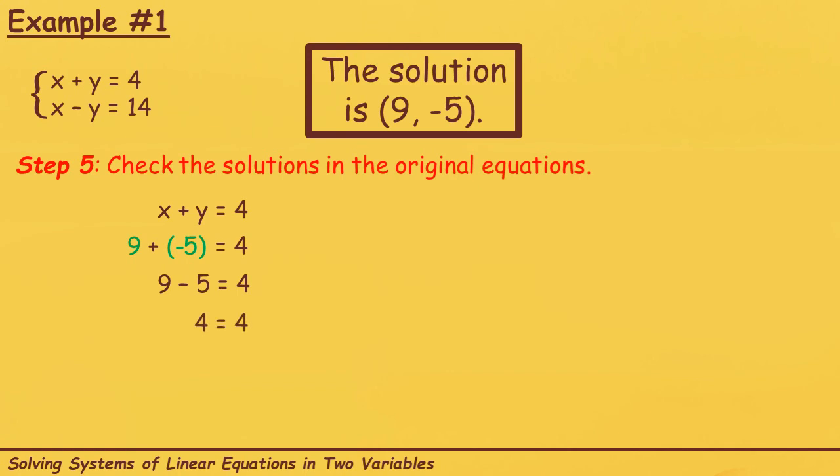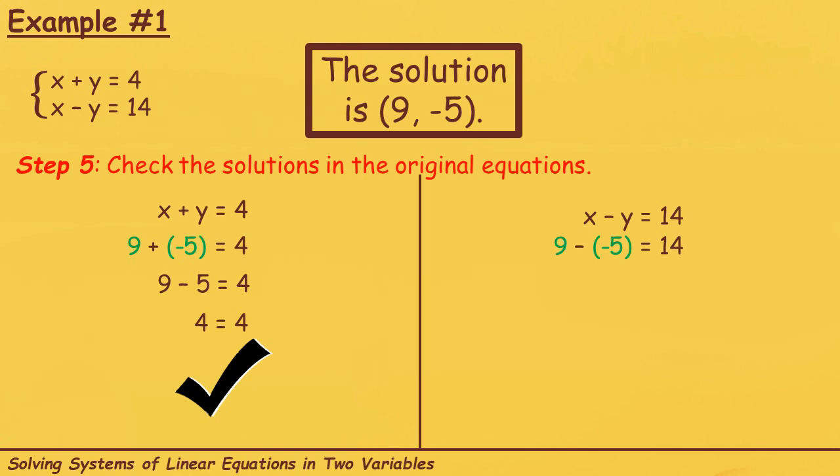Kapag sa dulo ng ating pagsasubstitute ng values ng x at y, pag sila ay nag-equal, meaning to say, the solution is correct. Pero hindi pa dyan natatapos. Kailangan maging correct din into the other equation, which is equation 2. At ang equation 2 natin is x minus y is equal to 14. Okay, so isolve din natin ito. Ang x natin is 9, ang y natin is negative 5. Isa-substitute lang natin yan.